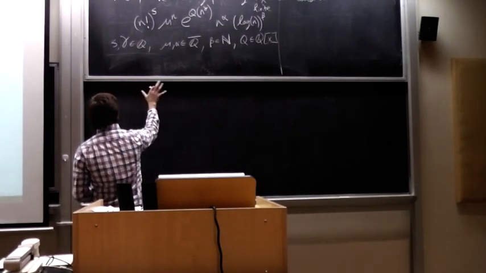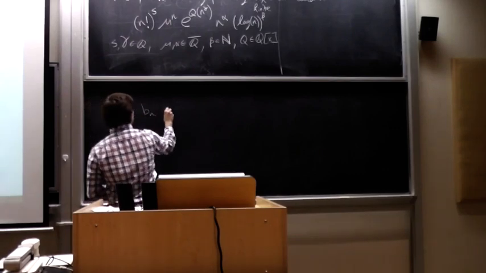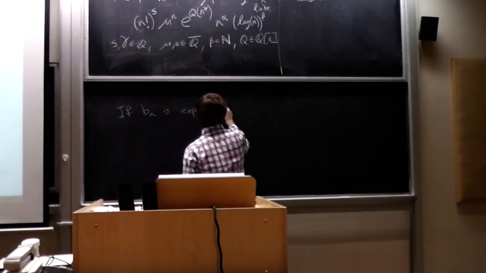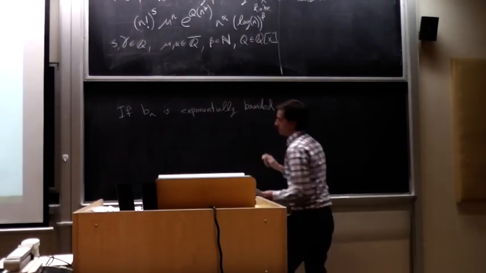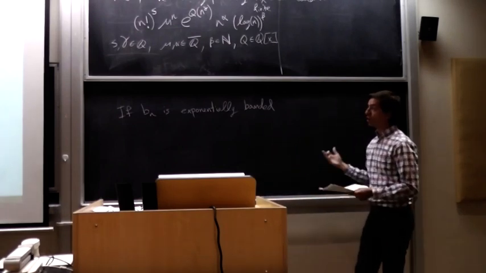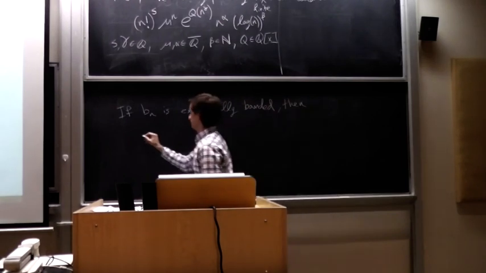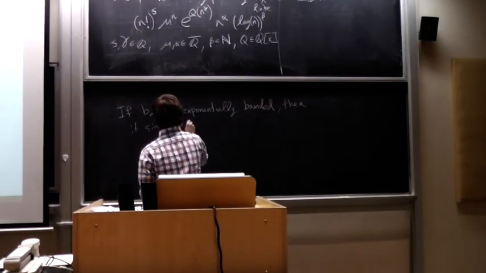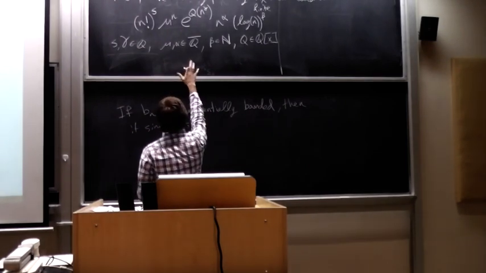There's another fact, a simplification here, which is that if your sequence b sub n is exponentially bounded, so it's bounded above by some mu to the n and you don't grow factorially, then it simplifies. We lose the n factorial term and we lose the e to the q term.